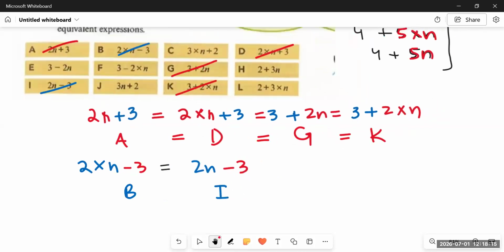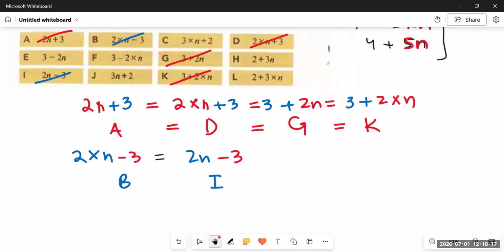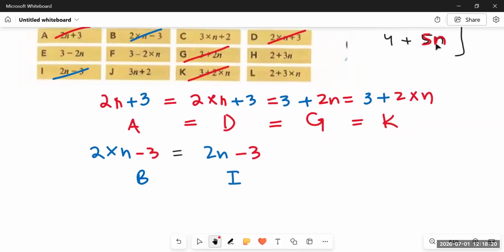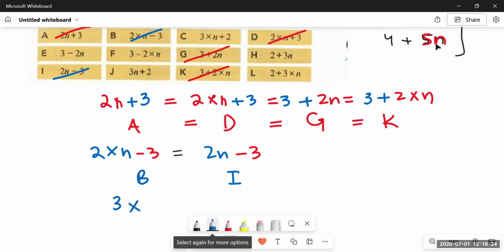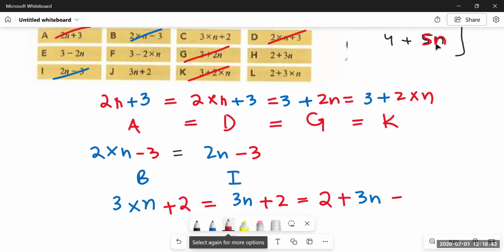Now let's figure out 3 multiplied by n plus 2. 3 multiplied by n plus 2 can be written as 3n plus 2, can also be written as 2 plus 3n, or can be written as 2 plus 3 multiplied by n.